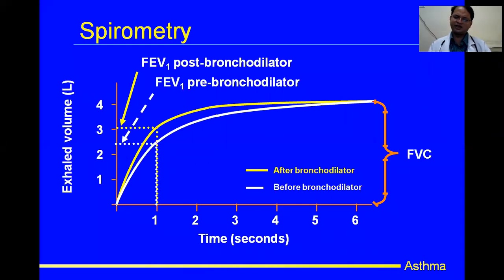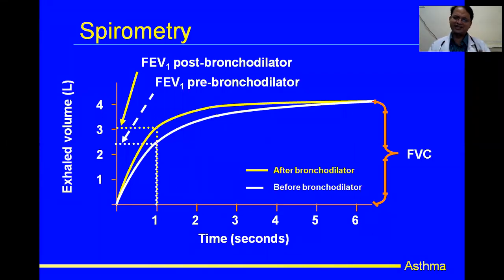In an asthmatic, after noting the initial FEV1, the patient is asked to repeat this session after getting a nebulization of salbutamol or terbutaline, and then after 10 minutes, the patient is asked to exhale, similar to the initial maneuver.